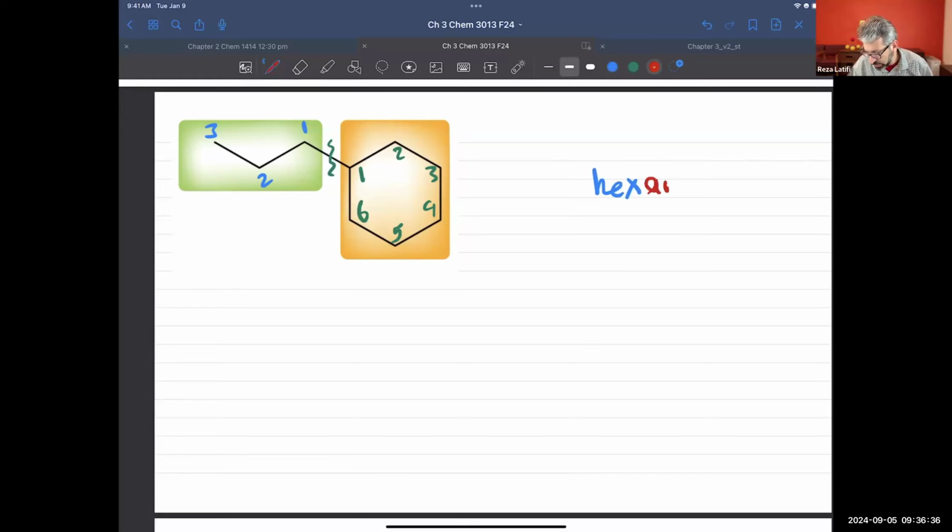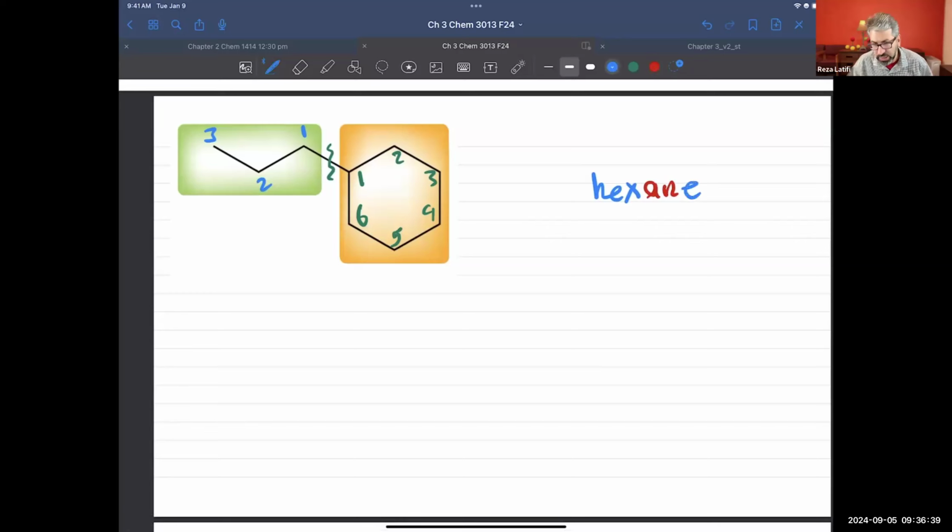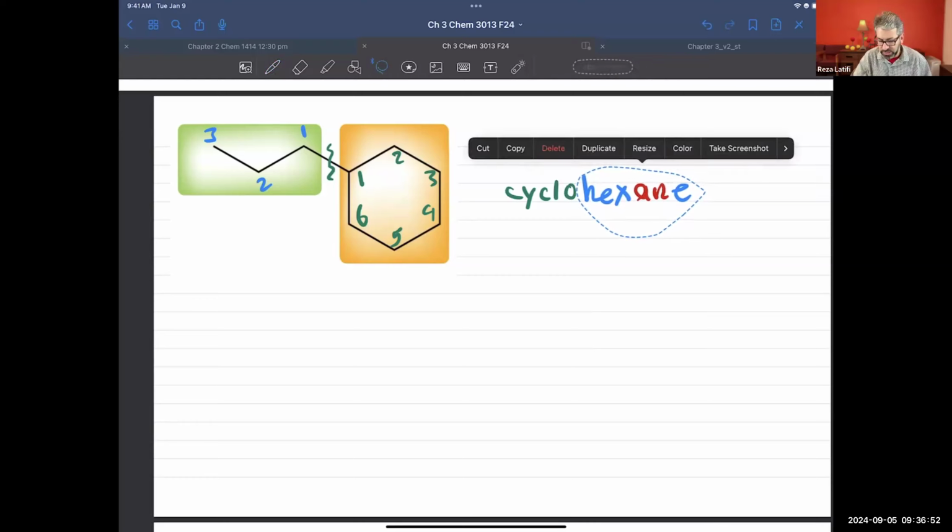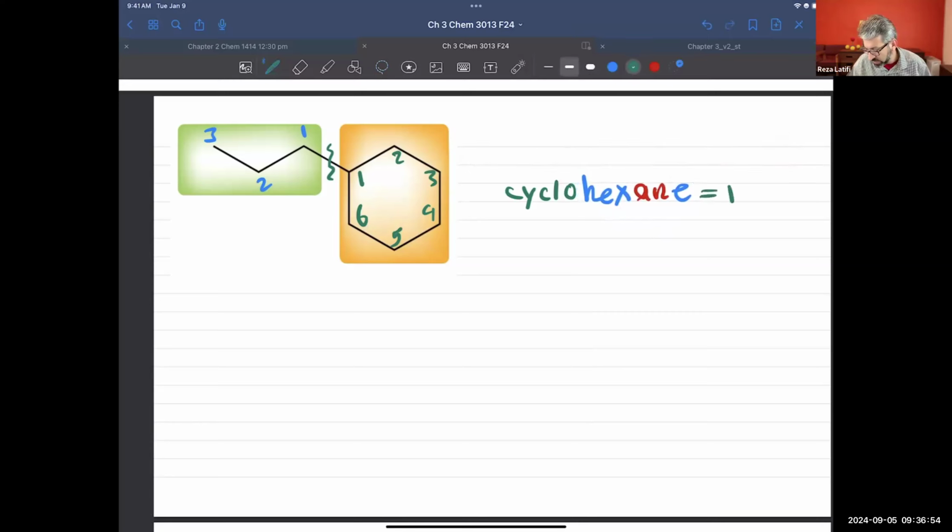Hexane. And because it's cyclic, we need to write cyclo in front of it. Cyclohexane. So the correct name for the parent will be cyclohexane. How about the substituent? The substituent has 3 carbons, so it will be propyl.